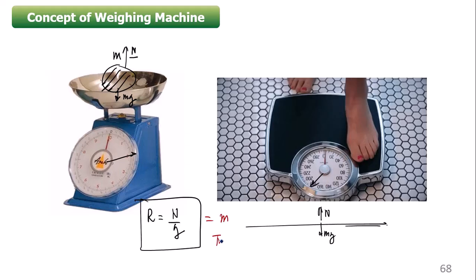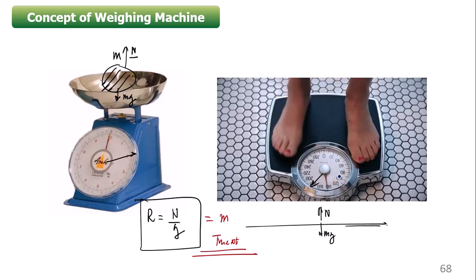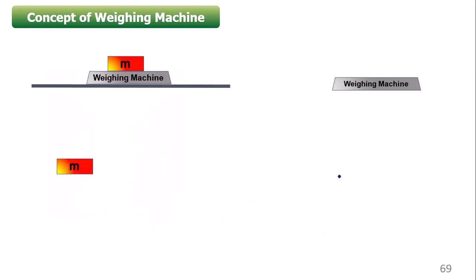That gives the true weight. Whenever you are standing on the weighing machine and you are at rest, only then it will give the true reading. If you are moving, it will give a different reading. So the weighing machine measures the normal.